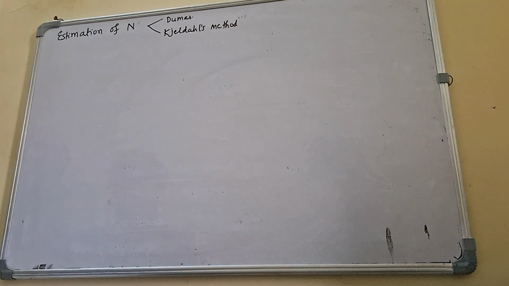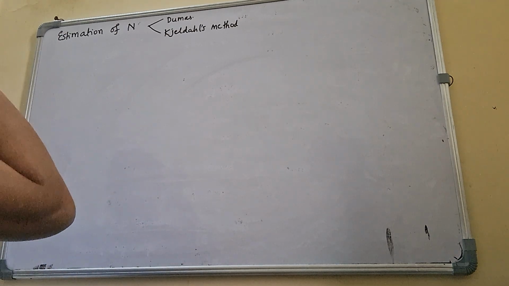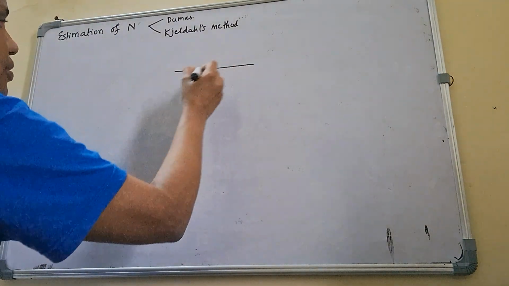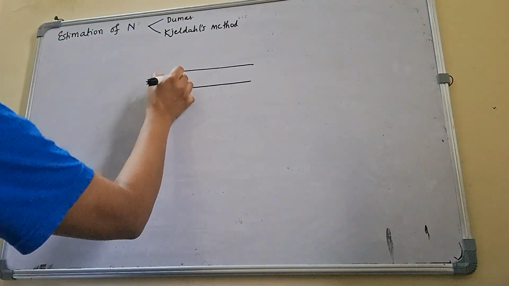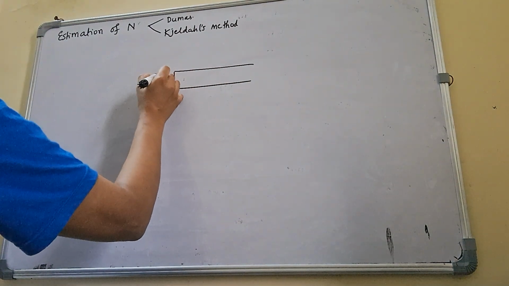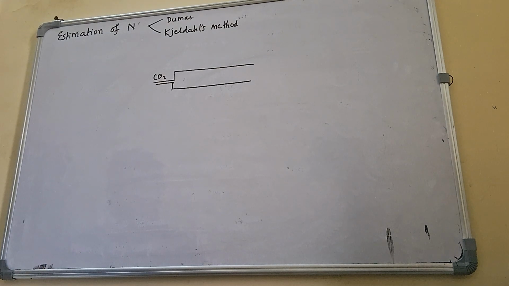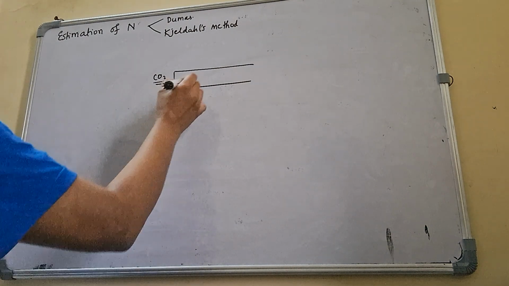So let us understand the Dumas technique first. Here also you have a combustion tube, something like this, where you are going to pass carbon dioxide. And then you are taking a known mass of your nitrogenous organic compound in the combustion tube.